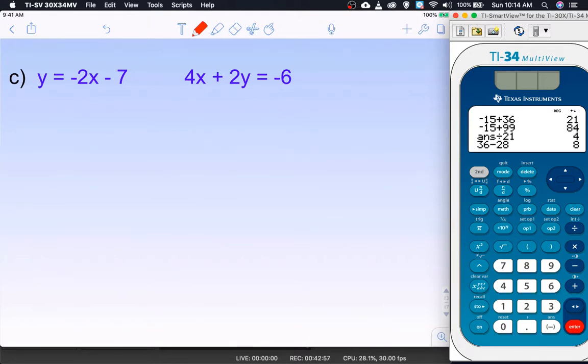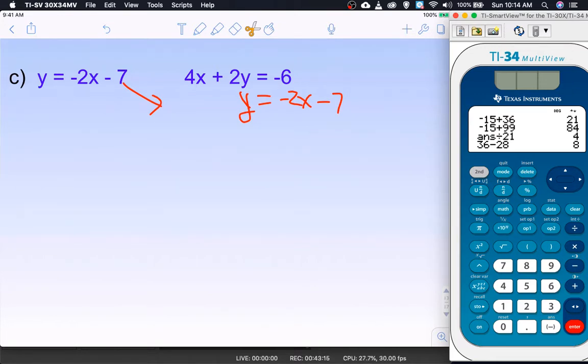All right, so in order to do this, you had to do a little bit of rewriting. Because if I just rewrite this one down here, y equals negative 2x minus 7, and even if I line up my equal signs, you see stuff's not lined up properly.